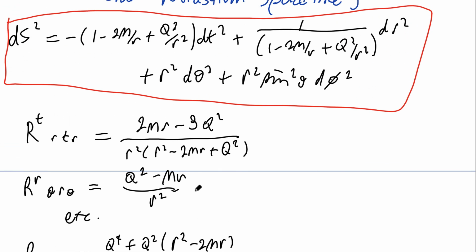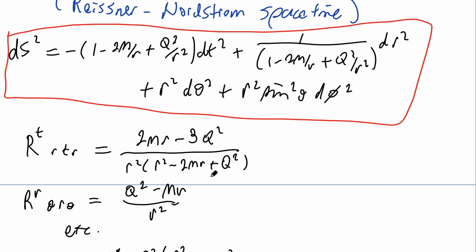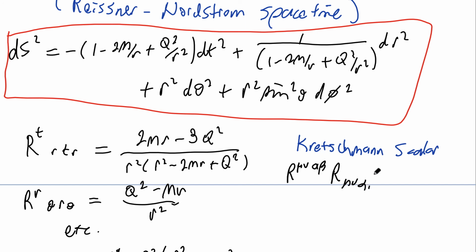So it's useful to form scalar combinations of the Riemann tensor, and there are other scalar combinations besides the curvature scalar. For example, the Kretschmann scalar is the square of the Riemann tensor, so R_mu nu alpha beta R^mu nu alpha beta.